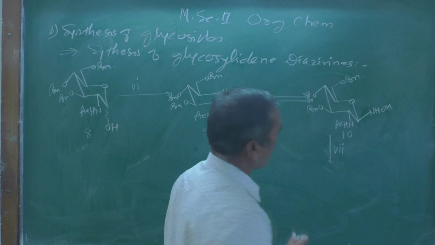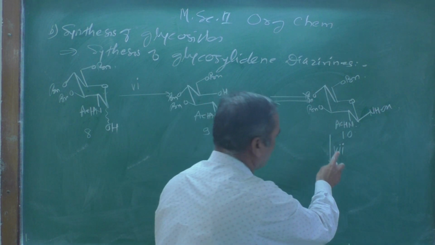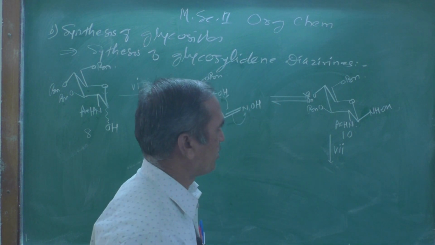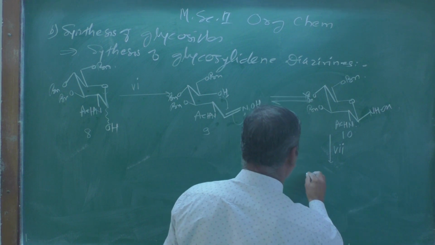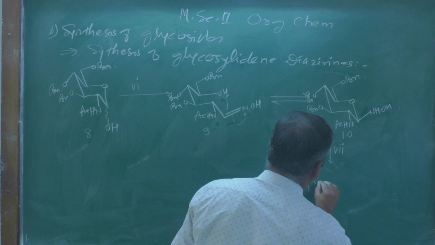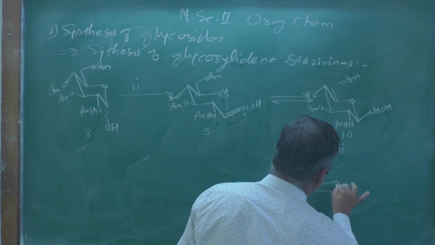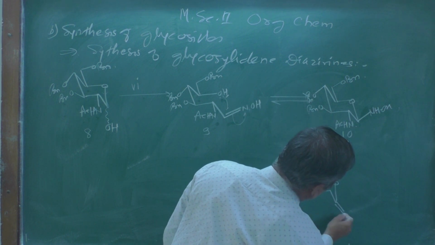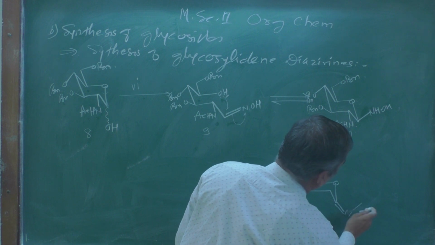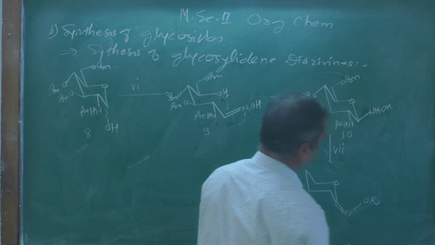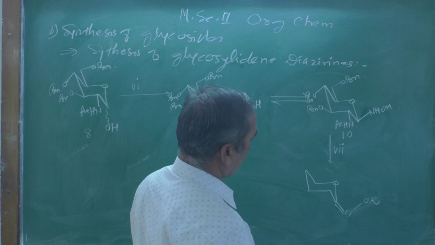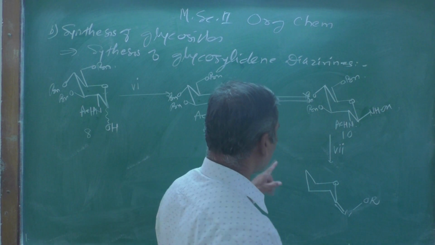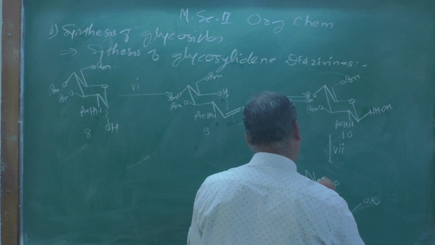Now what is going to happen here, when we add reagent number 7, we will be getting the product. Observe this product carefully here. Now the changes are here, double bond N, and here is an OR. Remember here OR. And now the other part of this organic compound remains as it is.